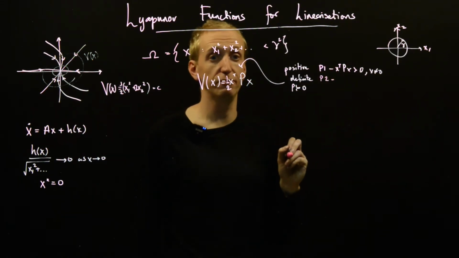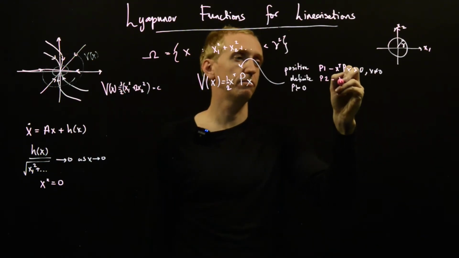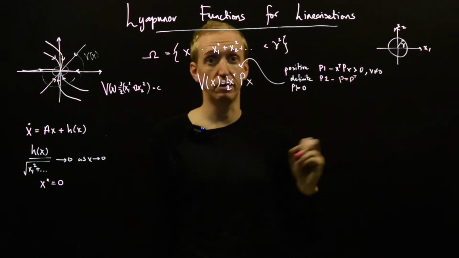Property 2 of our positive definite matrices: P is equal to P transpose. They're always symmetric.